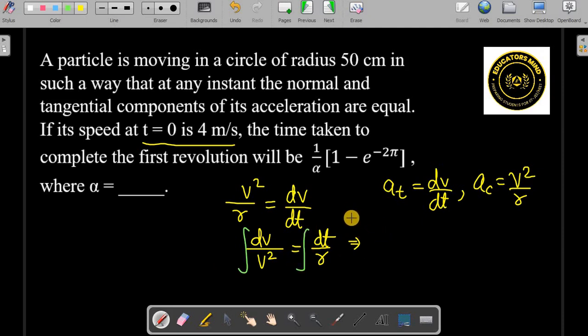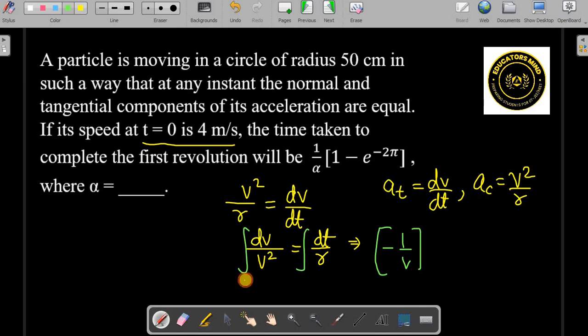So integration of 1 by v square, correct? 1 by v square means v to the power minus 2, right? So integration is v to the power minus 2 plus 1 by minus 2 plus 1. Or if you know directly, you can write integration of 1 by v square is minus 1 by v. Okay, and it is going from where to where?